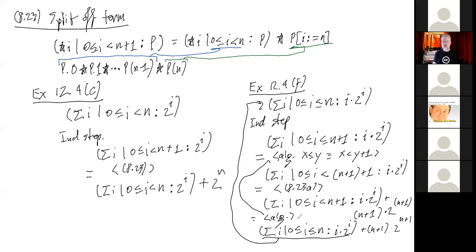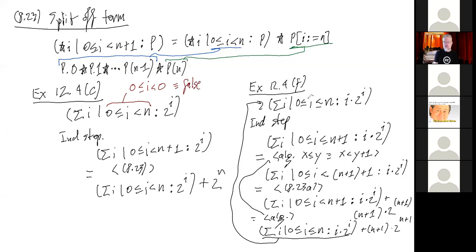And I know at least one person was having trouble with the base case, because another place where this matters is if we think about a problem like this, here, if we put 0 in, 0 at most I less than 0, well, that's false.